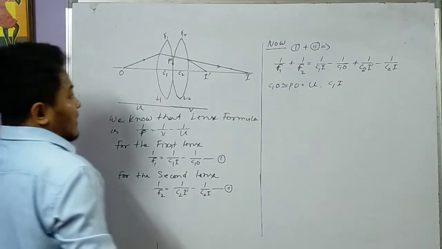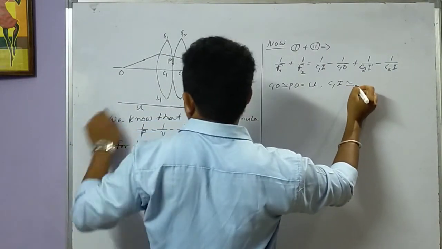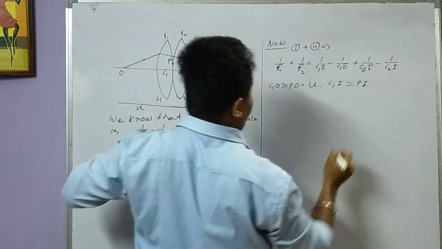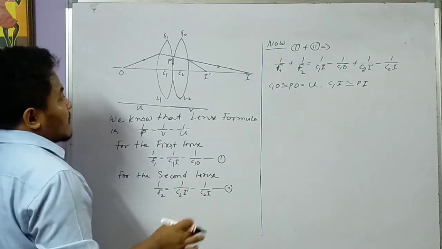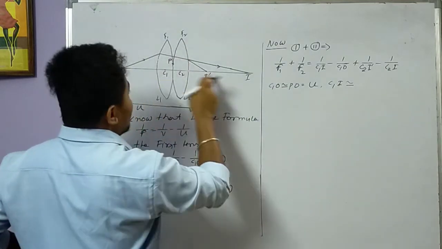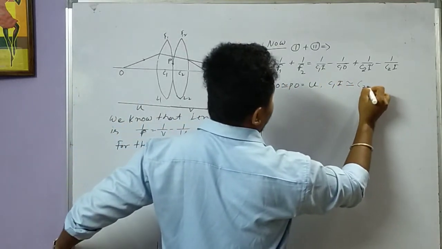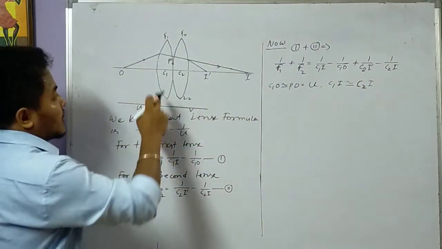Understand? Or directly you can write in this case, C1I is nearly equal to C2I. Is that clear? This is a very important point.